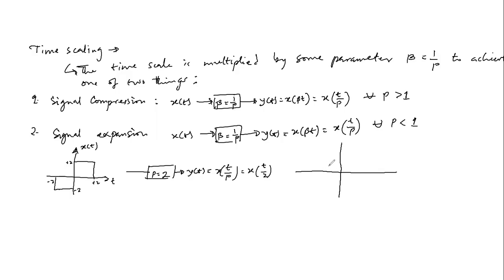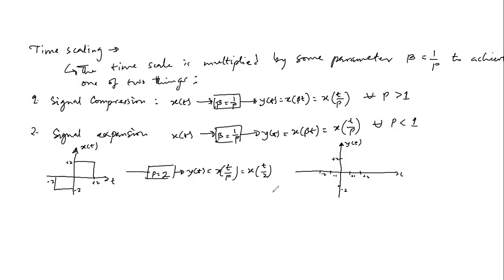So in this case, we have 1, 2. So this is compression. 1, 2. So this is -1, it's -2. This is +1, and this is +2. It's a time scale. Now, this operation has no impact on the amplitude of the signal. So we have +2 here, and then we have -2 here. So in this case, we have y of t.